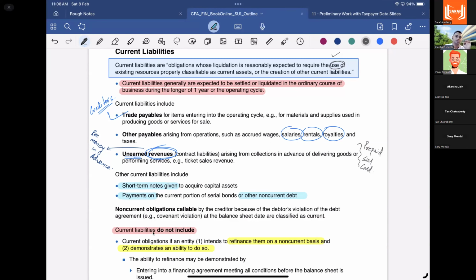ठीक है? So important चीज यहाँ पे है current liabilities are obligations whose liquidation is reasonably expected to require the use of our existing resources, properly classifiable as current assets or the creation of other current liabilities.